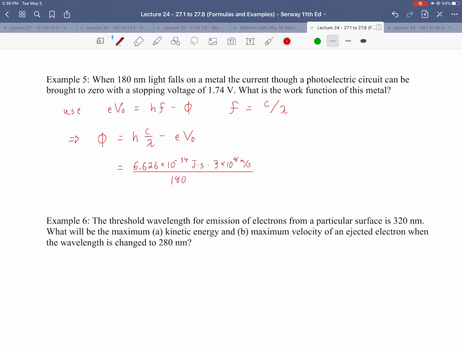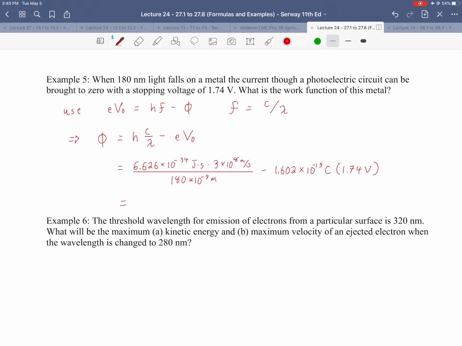We could have found the frequency, I just decided not to, if you're wondering why I had a false start there. 180 times 10 to the negative 9 meters. Then we subtract the fundamental charge, 1.602, and you can use 1.6, it's fine to forget the 2, times 10 to the negative 19 coulombs, times the voltage that we were told was measured, as in a laboratory experiment, 1.74 volts.